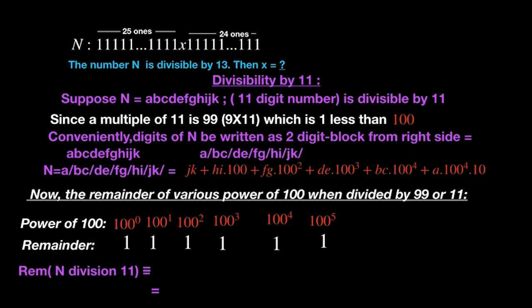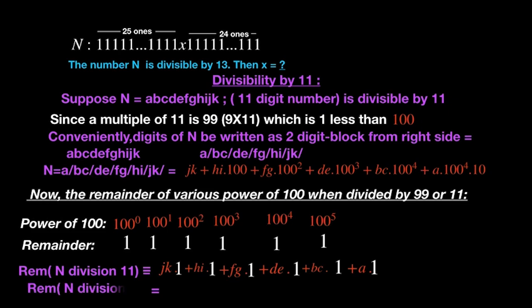So the remainder of n divided by 11, that means when the number n is divided by 11, then the remainder will be congruent to jk into 1. By putting the remainder values of the various powers of 100, we will get the remainder like this: jk into 1, hi into 1, fg into 1, de into 1, bc into 1, plus a.